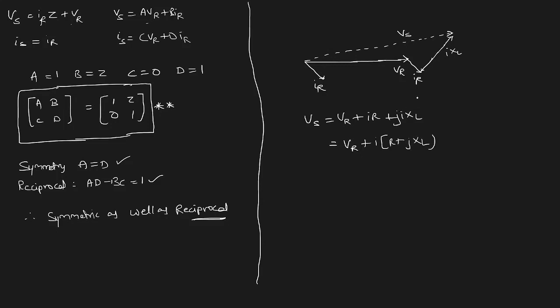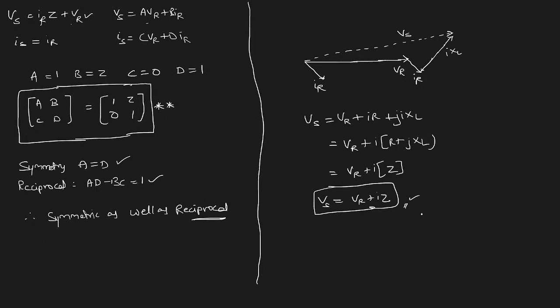It is jXL because it is at 90 degrees, so we should add j. And R plus jXL is again Z. So we got the same equation. This is the way of analyzing a short transmission line.